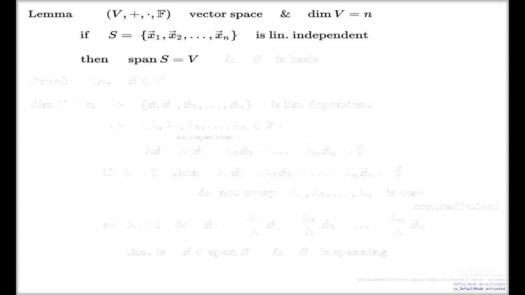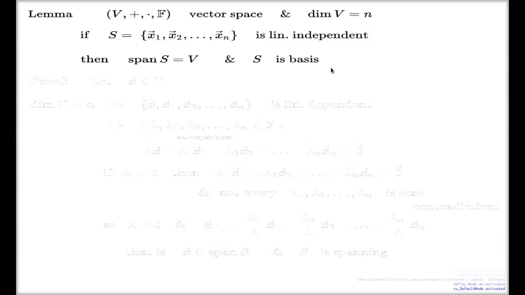And by implication, we all know that a system which is linearly independent and spanning at the same time is called a basis. So by implication, this will be a basis as well. So one of the implications of this lemma is this. When you know the dimension of your vector space, if you look for another basis, you don't have to check two parts of the definition of the basis.